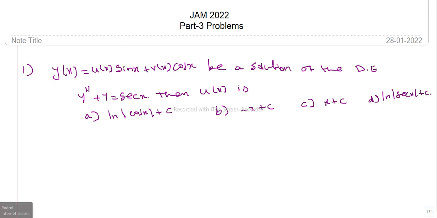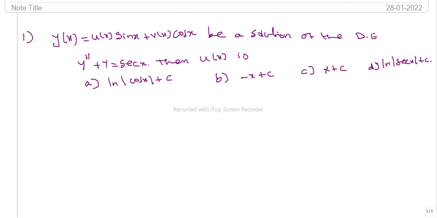So clearly we already know that if you know two solutions of the homogeneous equation, so the homogeneous equation is nothing but y double dash plus y equal to 0. Therefore the auxiliary equation is m square plus 1 equal to 0, therefore m equal to plus or minus i.